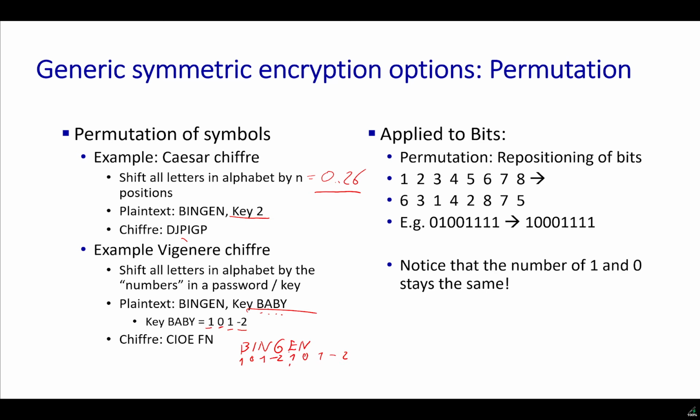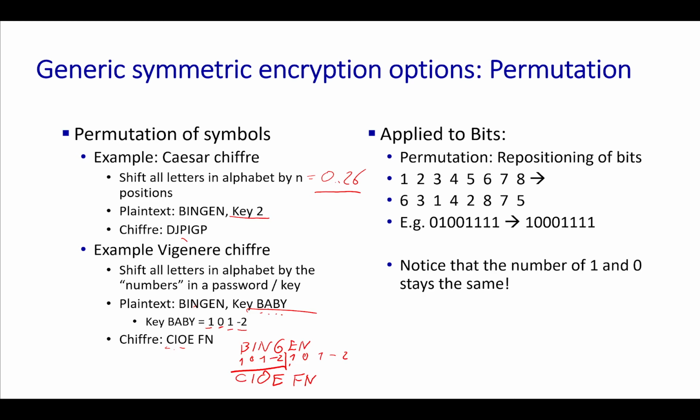You repeat the keyword over every letter of your plain text, and then B plus 1 is C, I plus 0 is I again, N plus 1 is O, so C, I, O, and then so on. This is the Vigenère shifter.